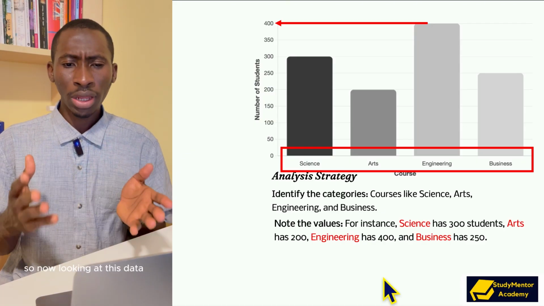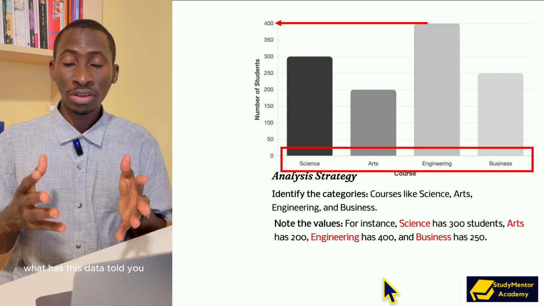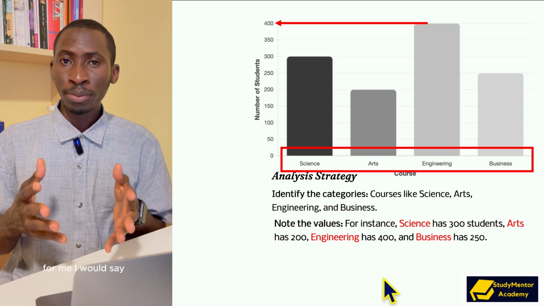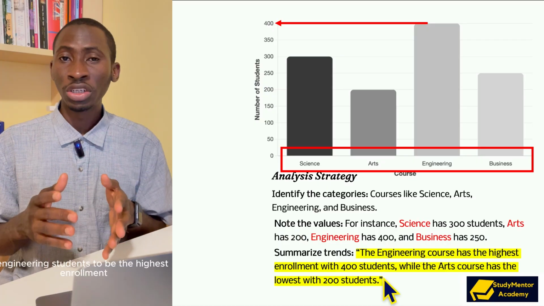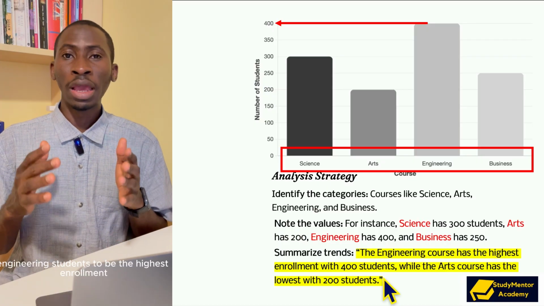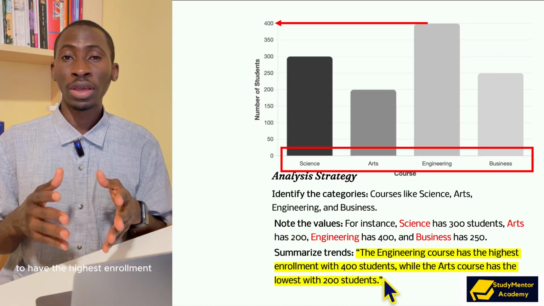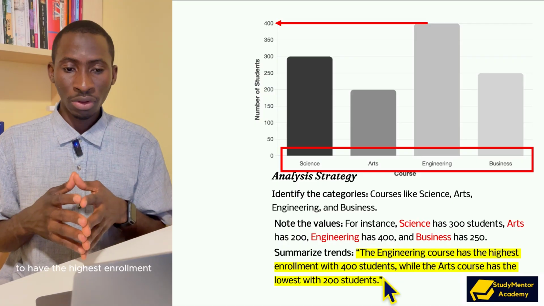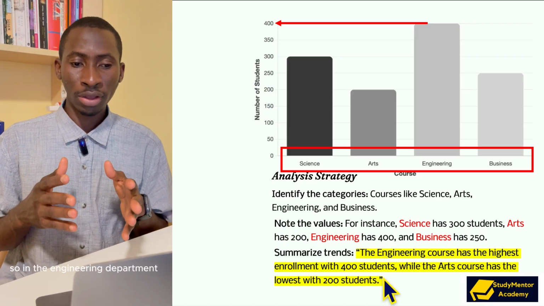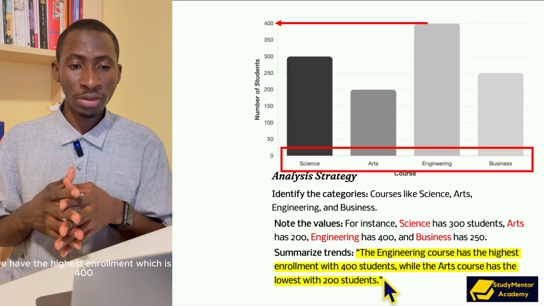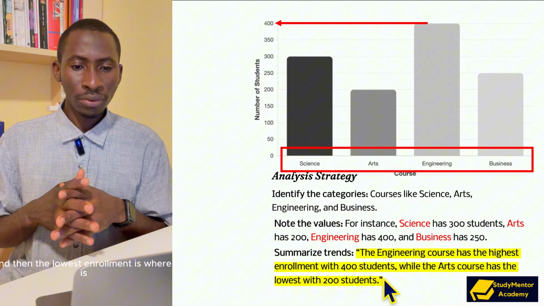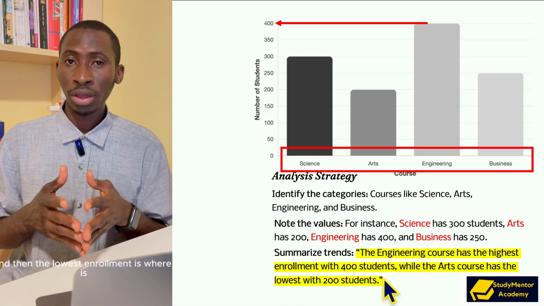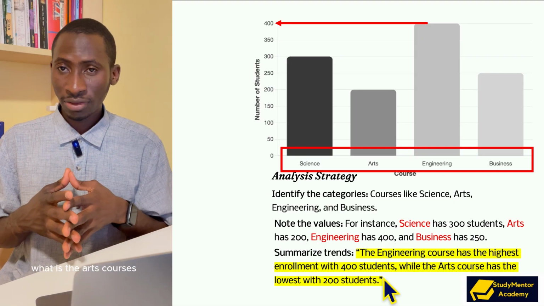So now, looking at this data, what has this data told you? For me, I would say that engineering has the highest enrollment. So in the engineering department, we have the highest enrollment, which is 400. And then the lowest enrollment is where? It is the arts courses.